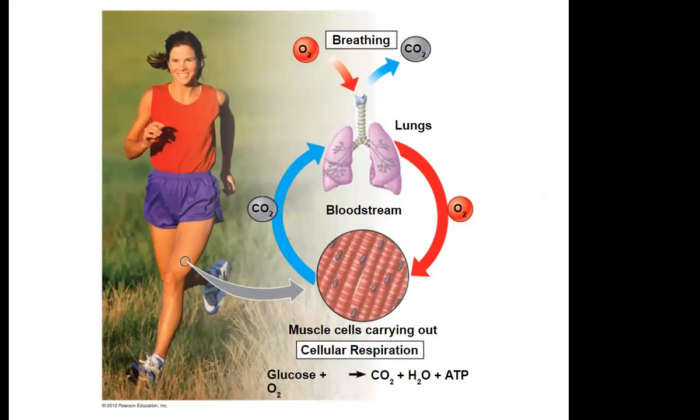Oxygen. And in doing so, it takes out a certain gas that's a byproduct of that series of reactions. What gas is that? CO2. So literally when you're breathing in and out, you're inhaling oxygen that goes to your mitochondria and you're exhaling CO2. That's a byproduct of the Krebs cycle.